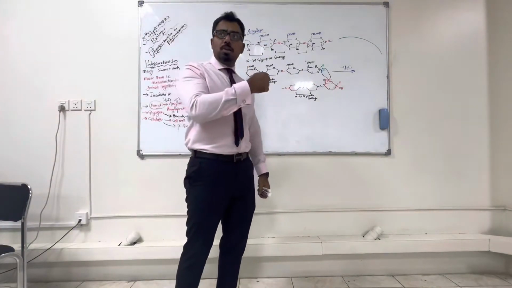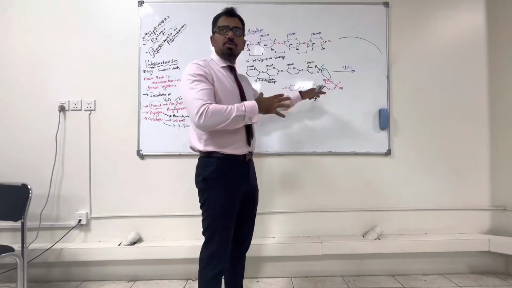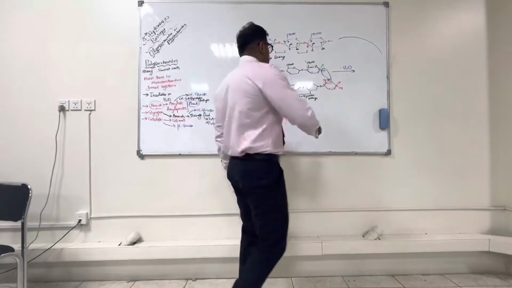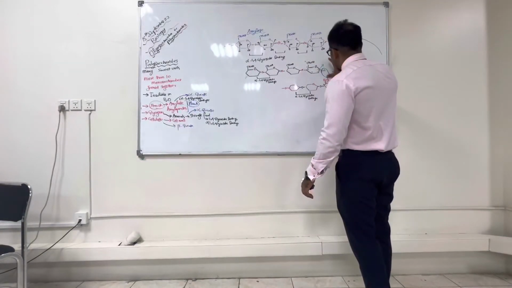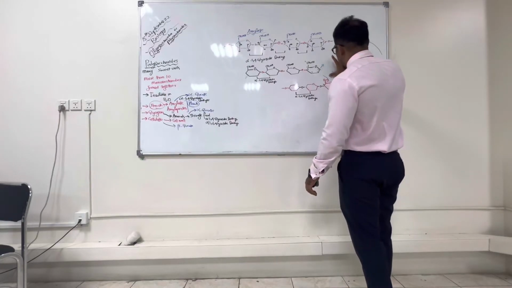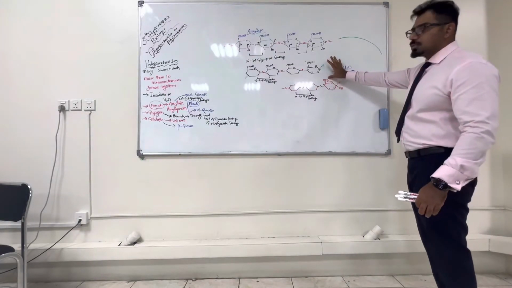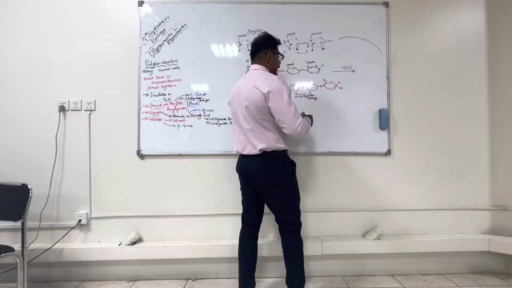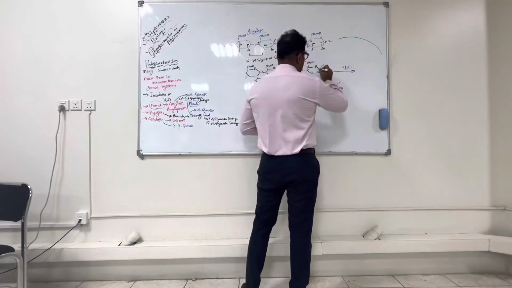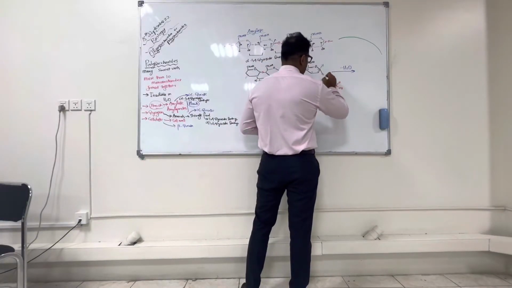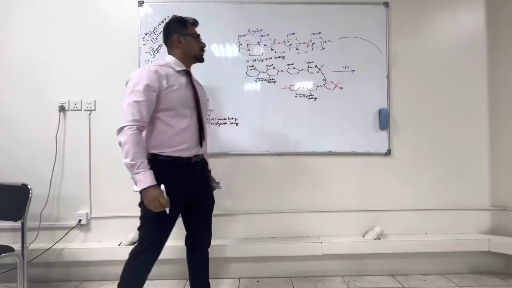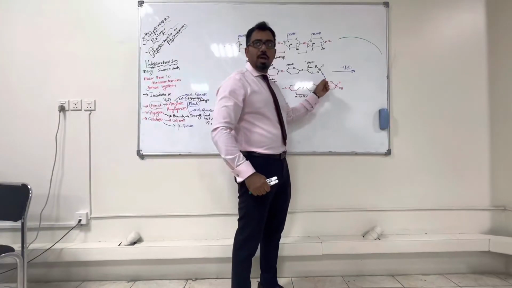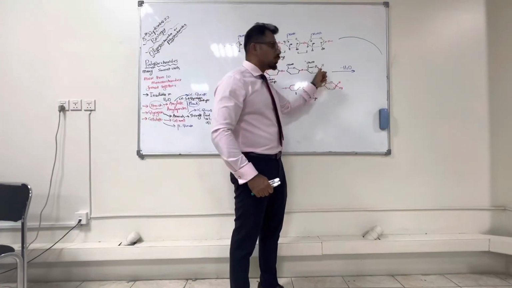Instead of writing the whole structure again, I am going to show it in the same diagram. This hydrogen and this hydroxyl are gone as water. And this oxygen will come in the middle over here. The oxygen which was with this CH2OH will come here in the middle of these two.